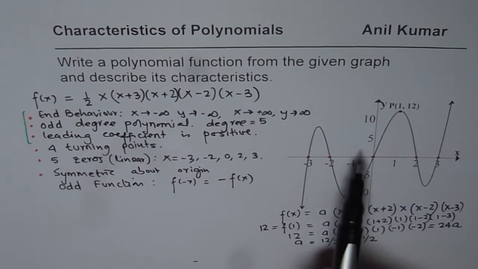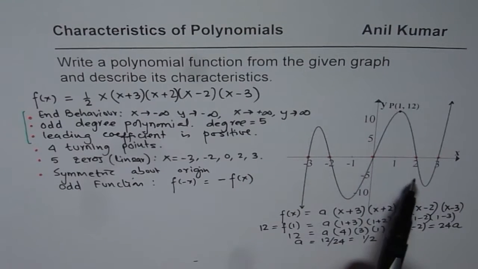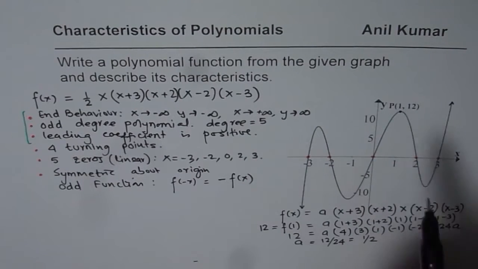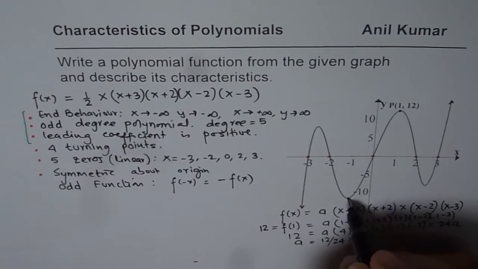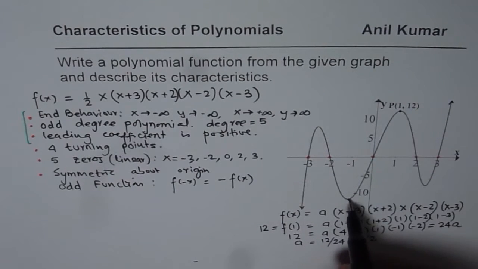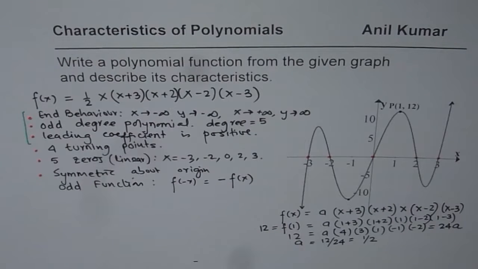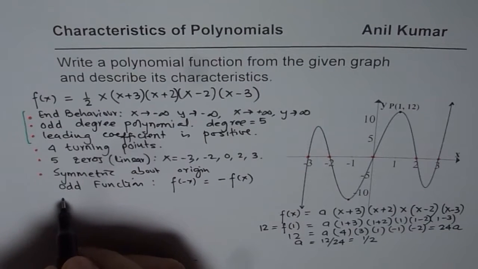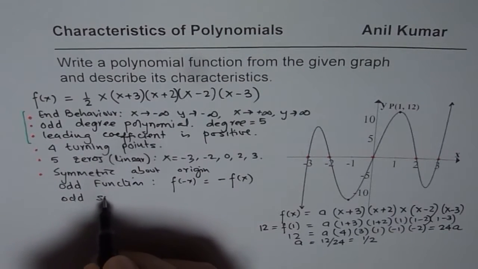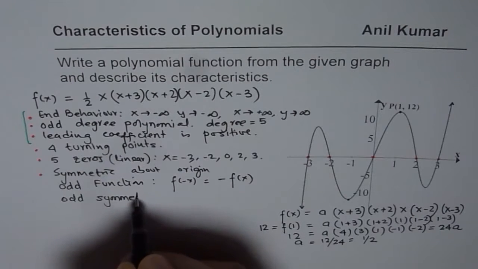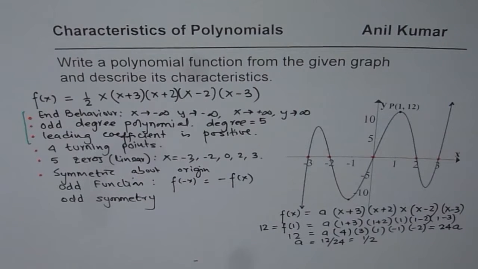They're the same distance away. Even if I draw a line from here to there, this point is going to be symmetric here, and this point will be (minus 1, minus 12). So this graph is symmetric about the origin, and therefore we say this polynomial is an odd function. It has odd symmetry. Symmetric about the origin is odd symmetry, right?